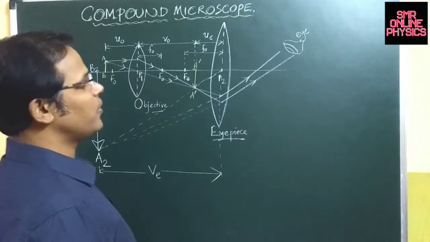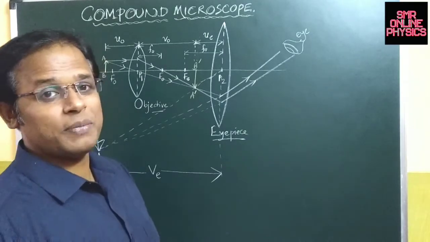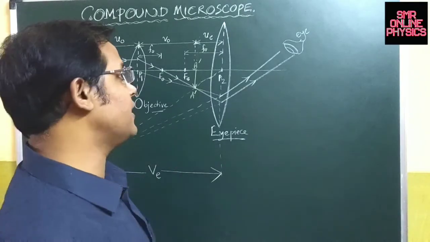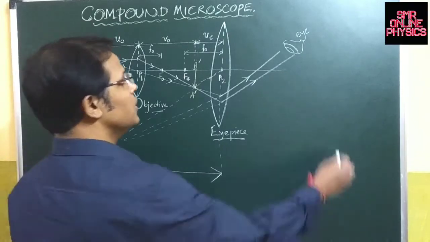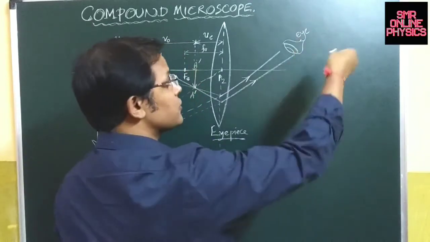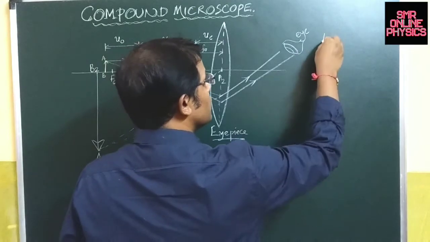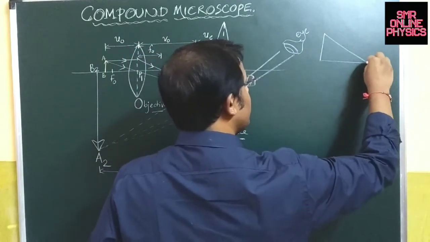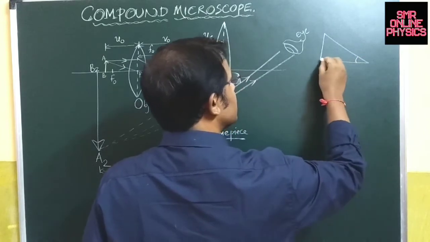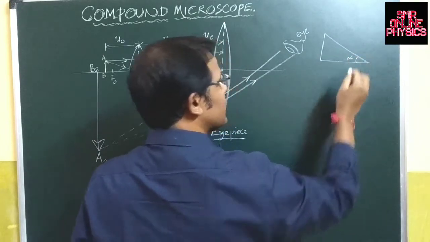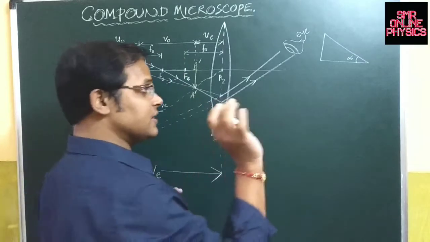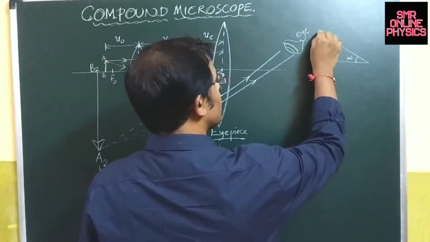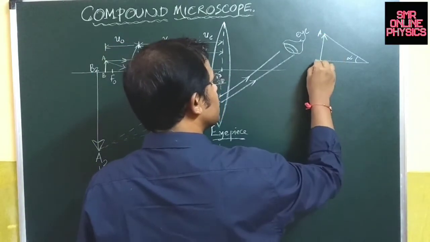Okay? So now we'll start comparing what is the angular magnification maximum achieved by this compound microscope. So for that to happen, first of all I need to recall what is the maximum angle subtended by an eye when the object is placed. I will now mark it as alpha, okay? Previously I called it theta, not an issue. So this is your object, the tiny object.